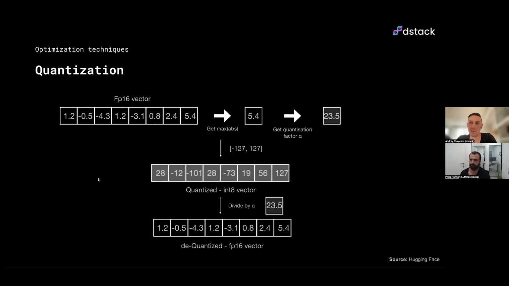Typically, when we're talking about LLMs, it's big because there's a high amount of weights to store, the trained parameters of this model.